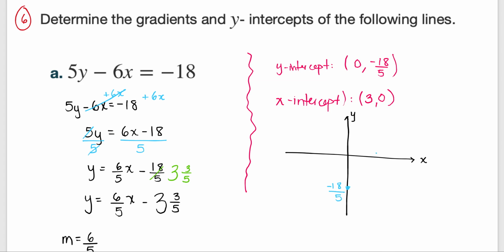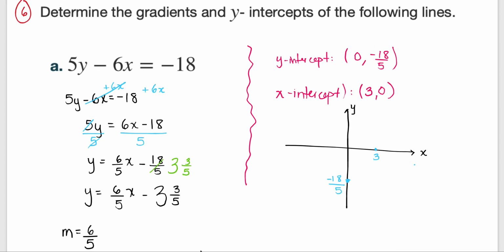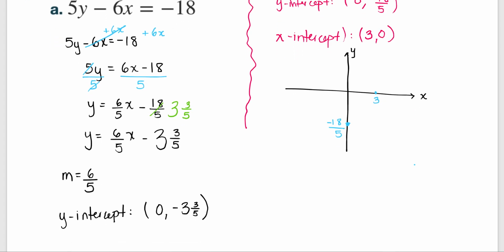Here it is. And then my x-intercept is around here when this one is 3. But what I'm being asked is to find my gradient. And what do we know about my gradient? I know that my gradient is going to be equal to rise over run.